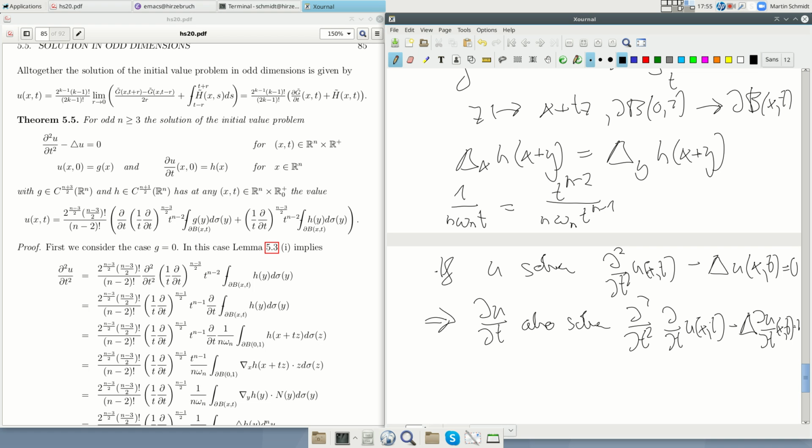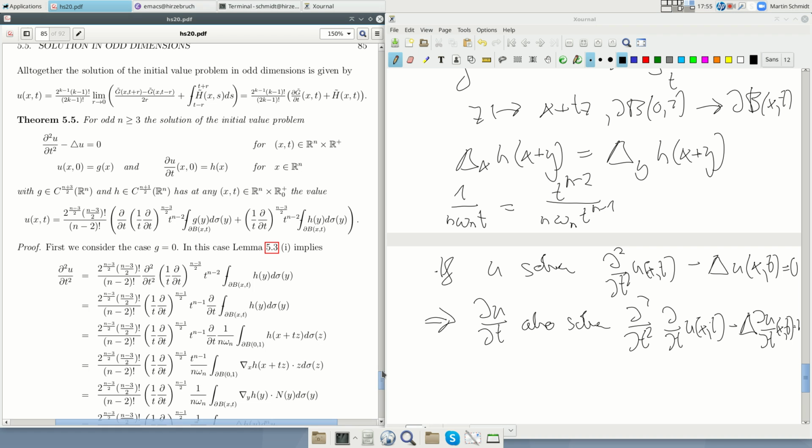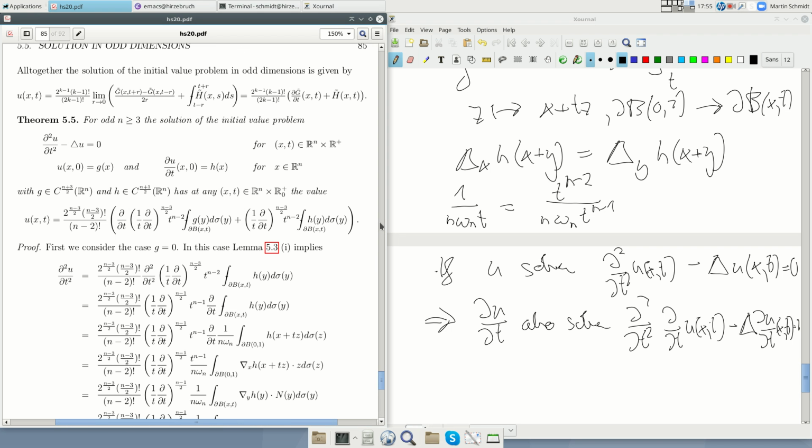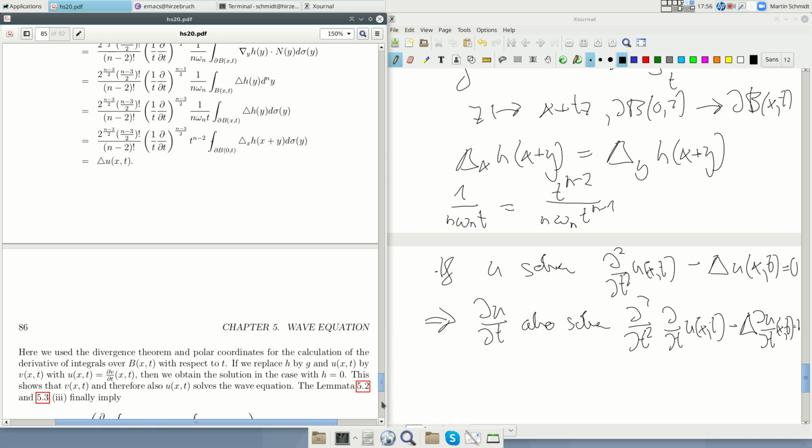Okay, so this shows that if we just take h to 0 and g non-zero, then we have this term, and this also solves the homogeneous wave equation.